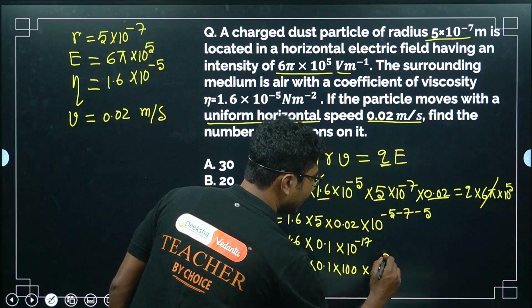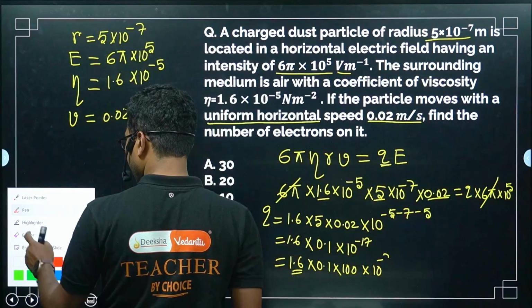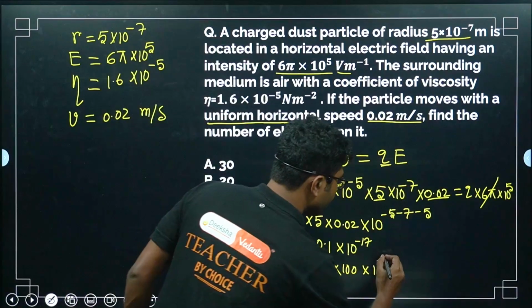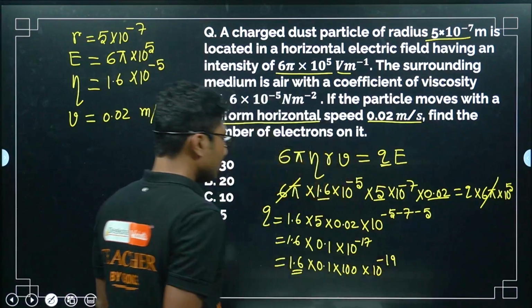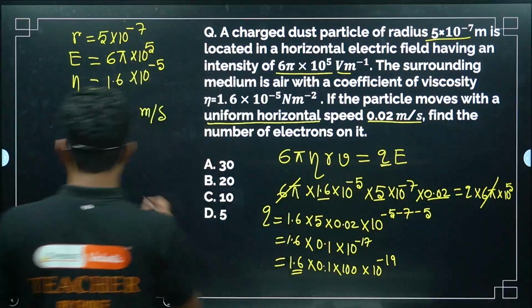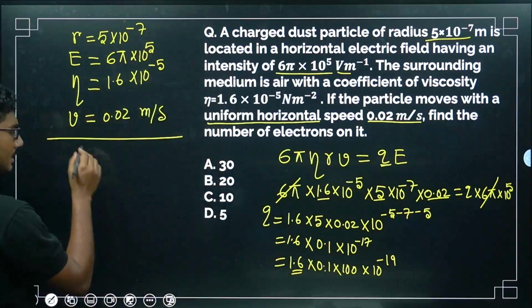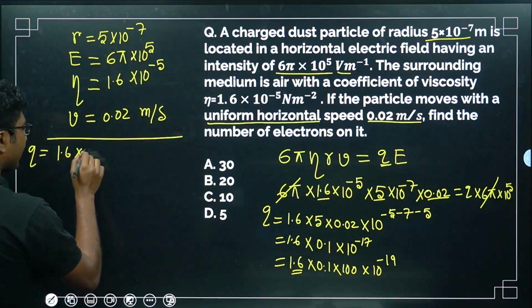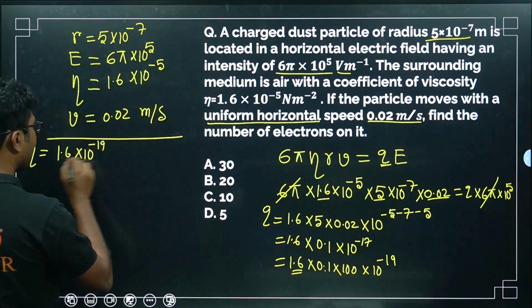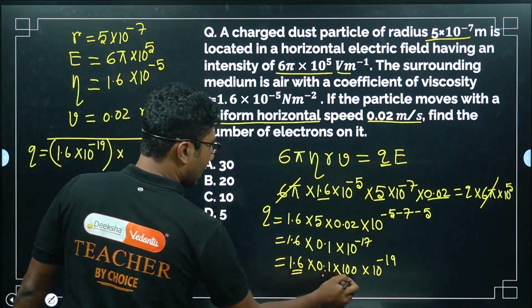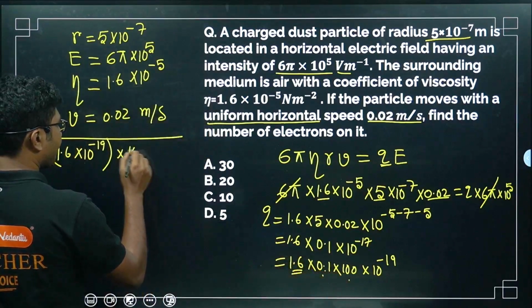So dividing by 100 will make this minus 17 become minus 19, right? So what will happen? 0.1 times 100. Q equals 1.6 times 10 to the power of minus 19, we will write first, okay, times 0.1 multiplied by 100, that is 10.